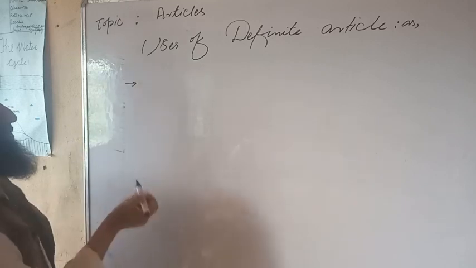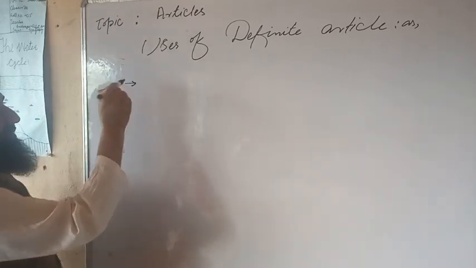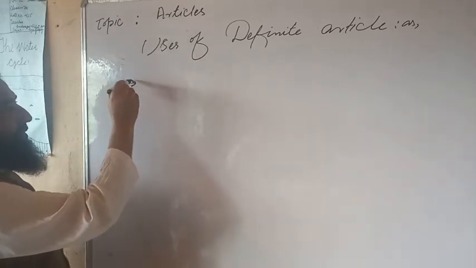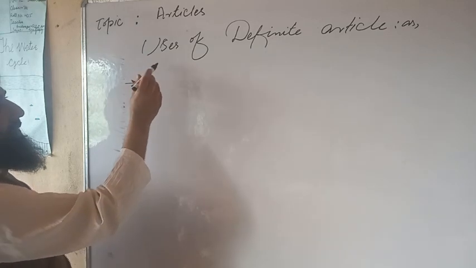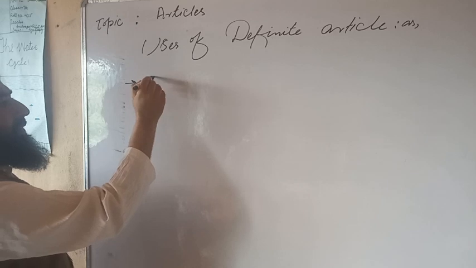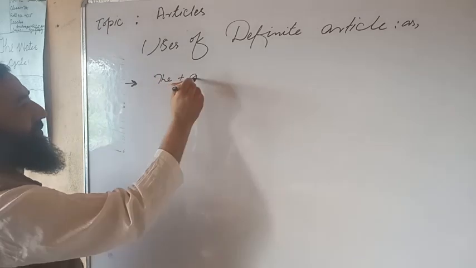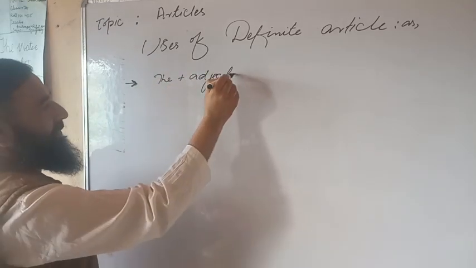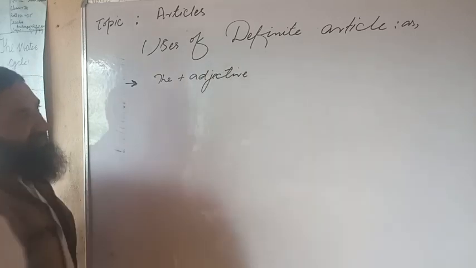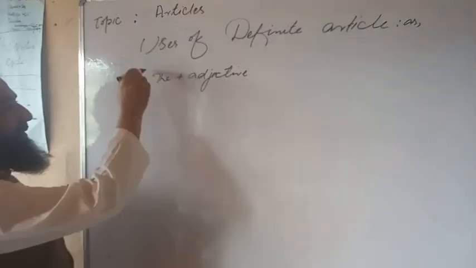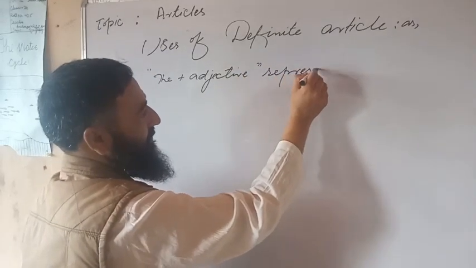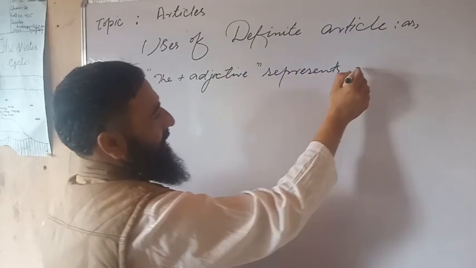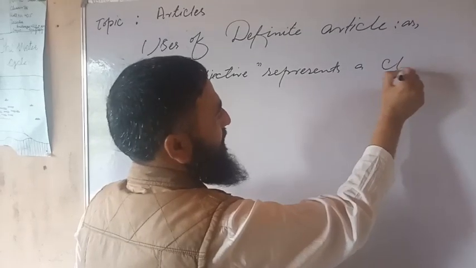This time it will be the last use of "the", and the rest we will read tomorrow, inshallah. And it is "the" plus adjective. If the structure goes like this, it is "the" plus adjective that represents a class of people.